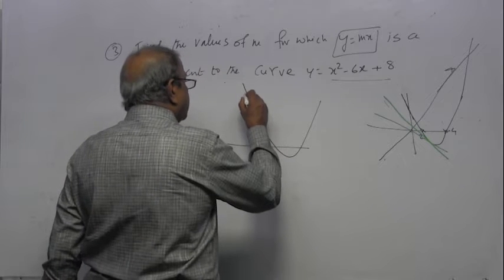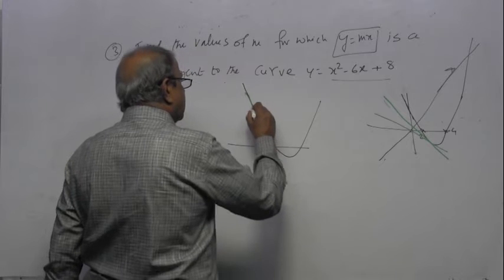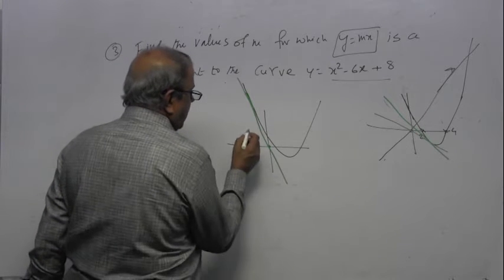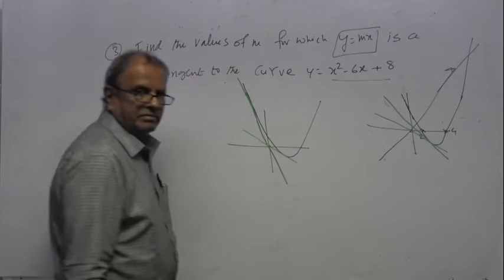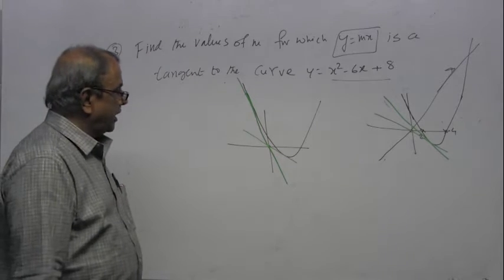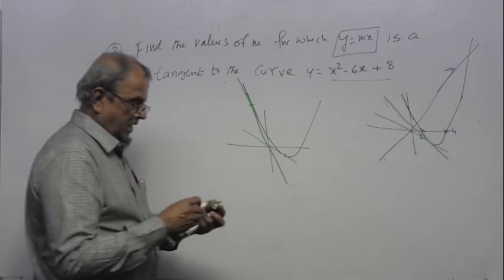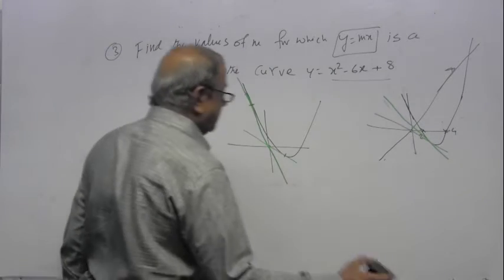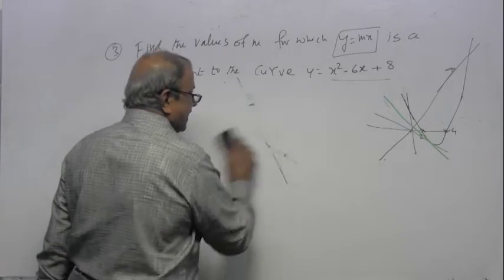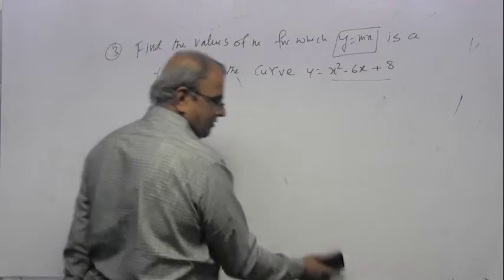So I could have a line like that, I could have a line like that. Those two lines would obviously be tangent to that curve. So there are some values of m, and my job is to find those values of m. That's again the theory. The examiner doesn't expect you to draw and figure out. Very simple.